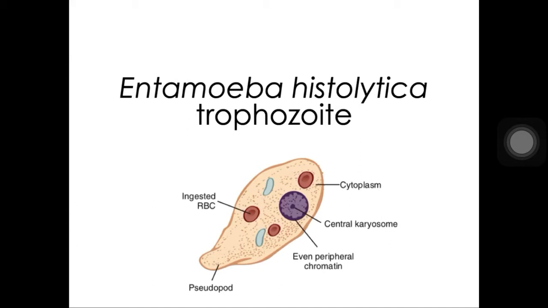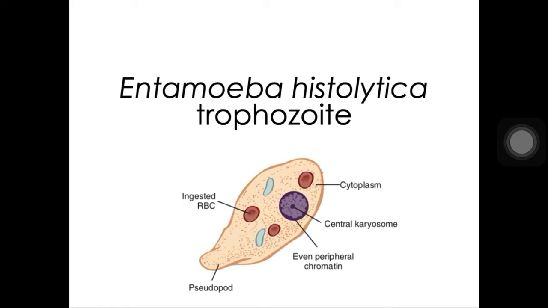Nagalabas po siya ng paisa-isang pseudopod described as a finger-like hyaline pseudopod. Hence, its movement is described as unidirectional progressive movement. Okay, and also as shown in this illustration, there is presence of ingested RBC, which is diagnostic to your Entamoeba histolytica trophozoite.